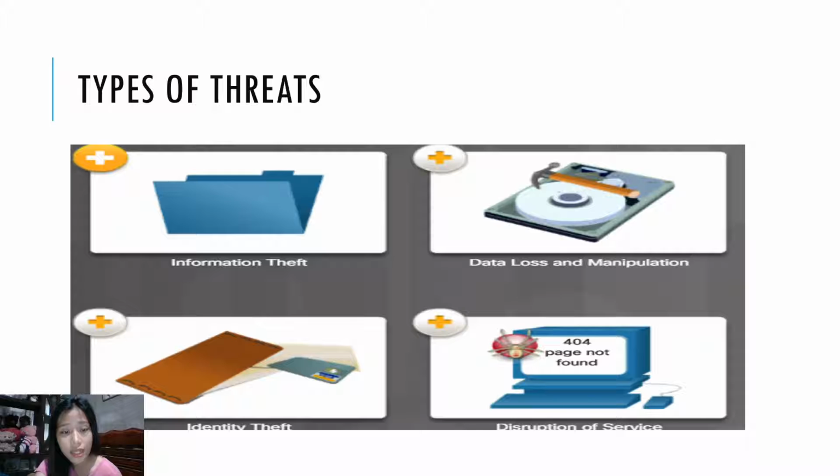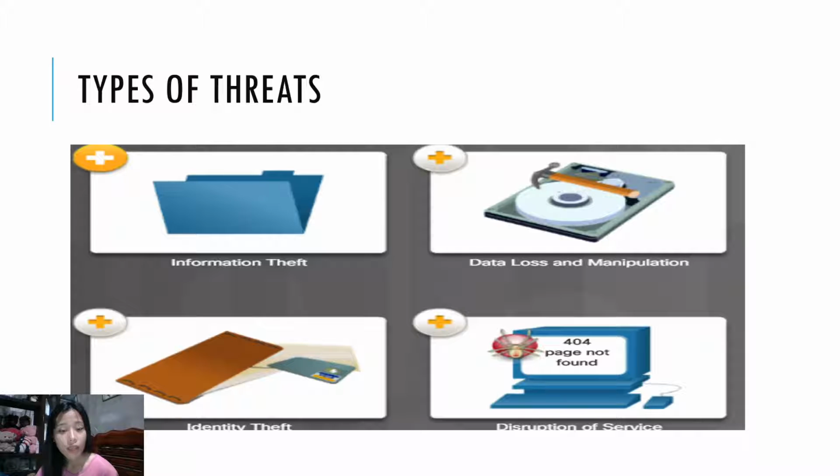The next one is identity theft. It is a form of information theft where personal information is stolen for the purpose of taking over someone's identity. Using this information, an individual can obtain legal documents, apply for credit, and make unauthorized online purchases.